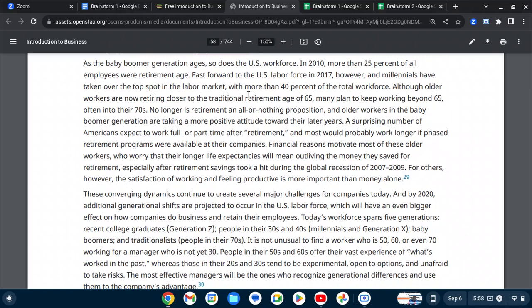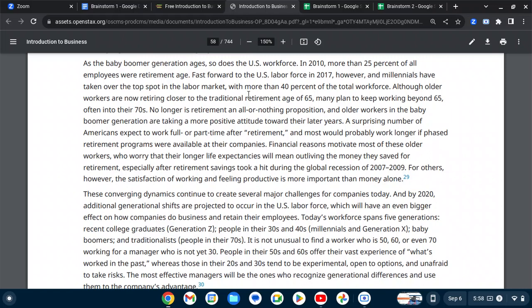No longer is retirement an all-or-nothing proposition, and older workers in the baby boomer generation are taking a more positive attitude toward their later years. A surprising number of Americans expect to work full or part-time after retirement, and most would probably work longer if phased retirement programs were available at their companies.